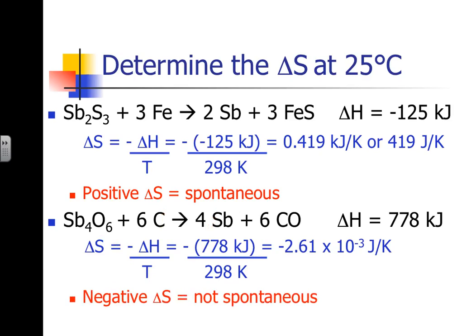Or, to stick with AP, it is not thermodynamically favored, meaning that if I try to run this reaction with the antimony and the oxygen and the carbon, this reaction just doesn't really want to happen, especially not at room temperature, 25 degrees Celsius. Whereas the reaction with the antimony and the sulfur, if I want to react that with the iron, is a process that likes to happen. Whether it's fast or slow, it's thermodynamically favored.